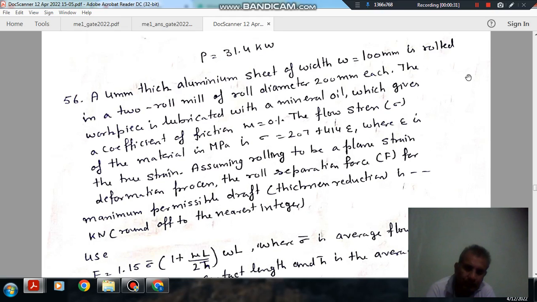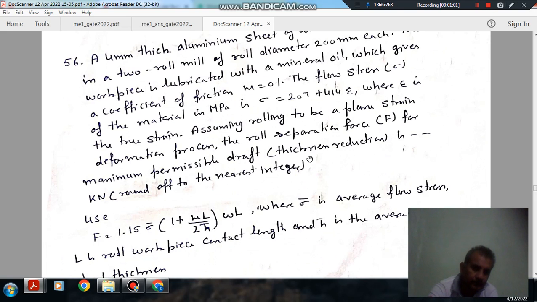The flow stress sigma of the material in MPa is sigma equals 207 plus 414 epsilon, where epsilon is true strain. Assuming rolling to be a plane strain deformation process, the roll separation force F for maximum permissible draft (thickness reduction) is how many Newton, rounded up to the nearest integer.